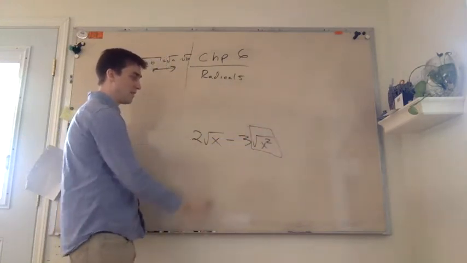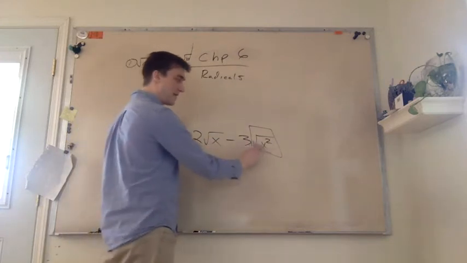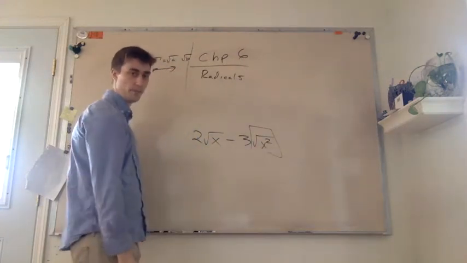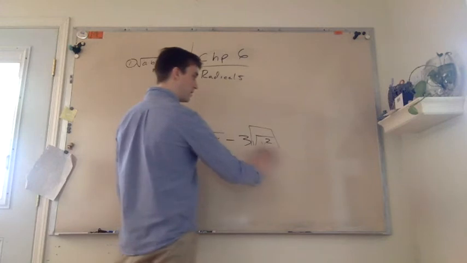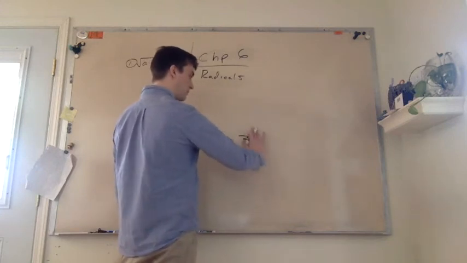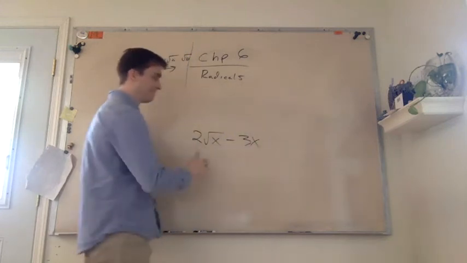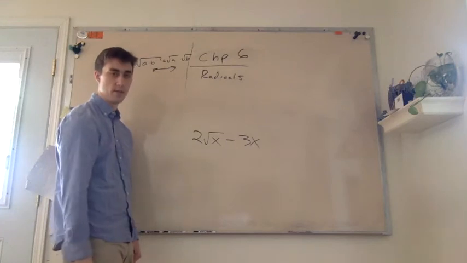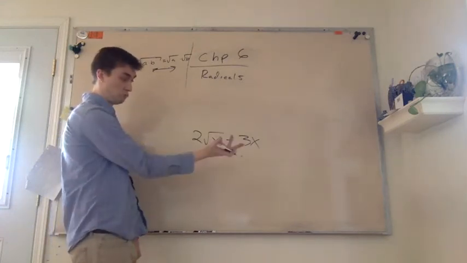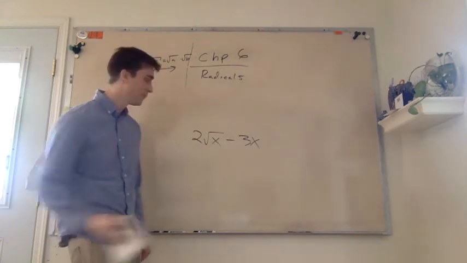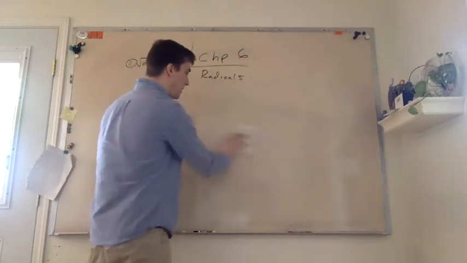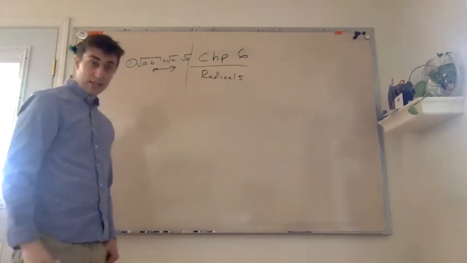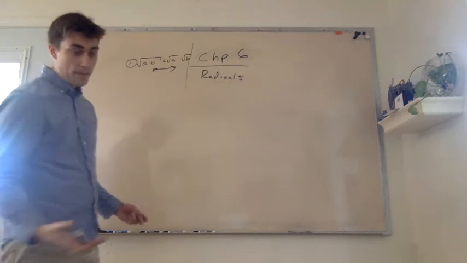You can't combine these radicals because the square root of x is not the same as the square root of x squared. But you can write the square root of x squared as x. Again, there's nothing you can do to combine these with subtraction. So it just can't be done. It's as easy as that.